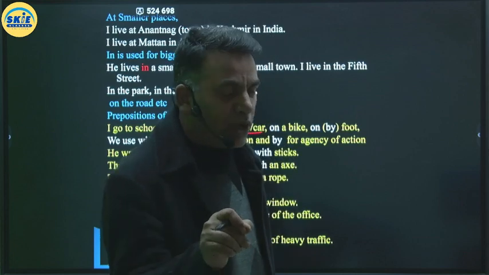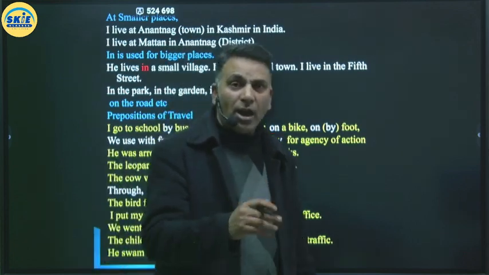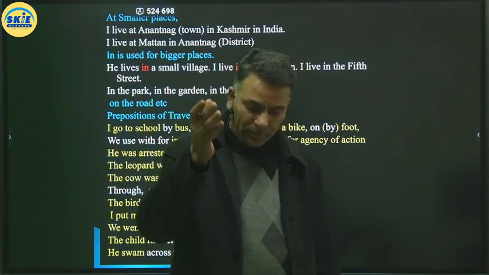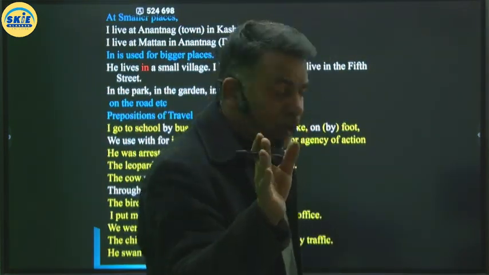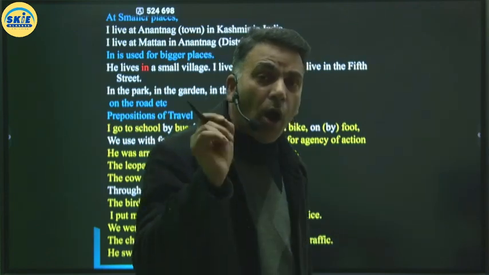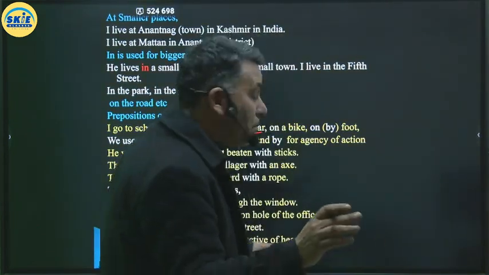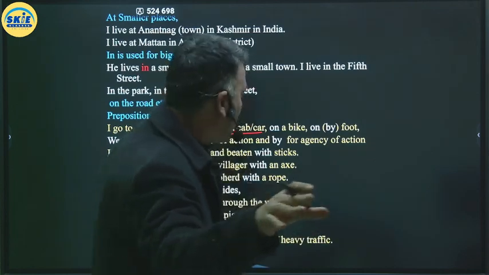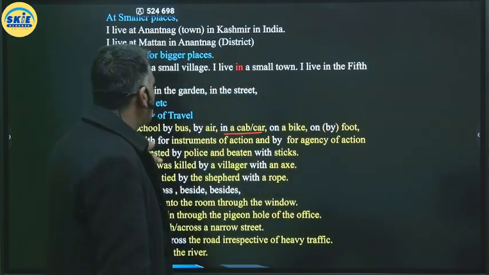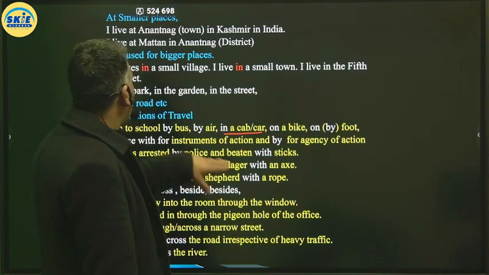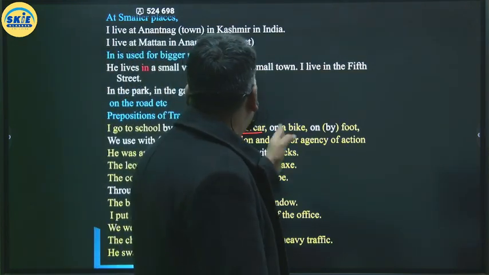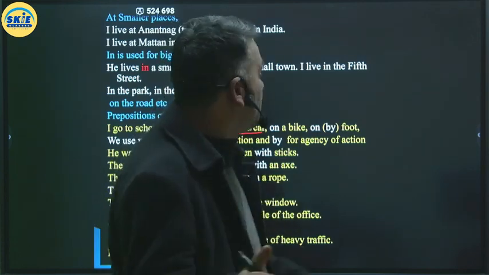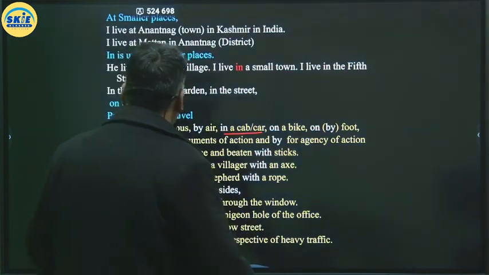It was not previously used, but now it's used that I went to school by foot. But the exact preposition for it is I go to school on foot, right? But by is not incorrect by the modern standards of it.